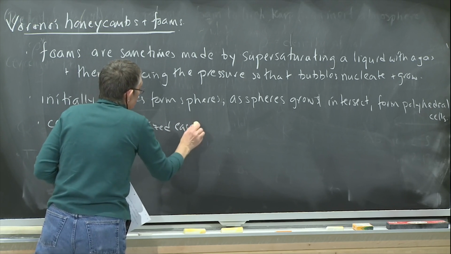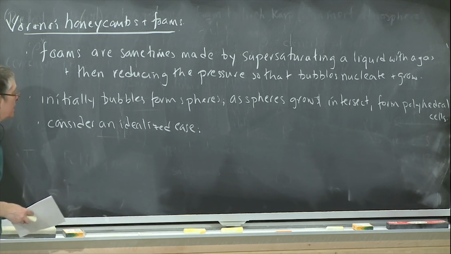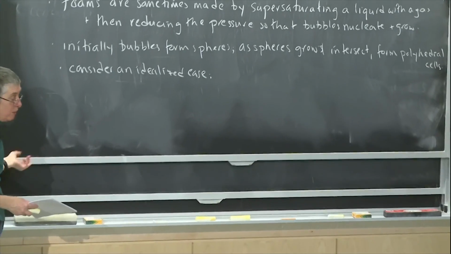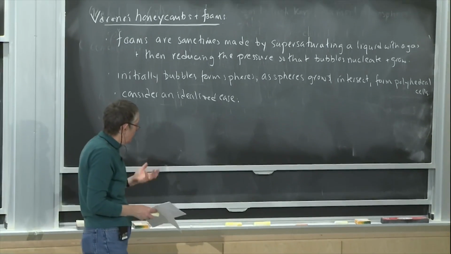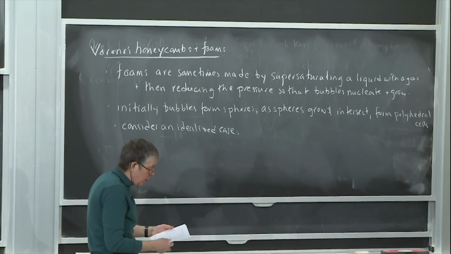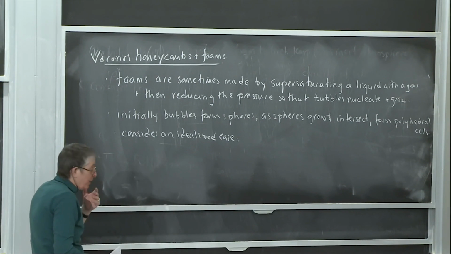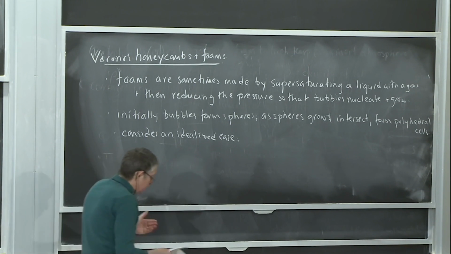You get the Voronoi structure by thinking about an idealized case in which you have nucleation points that are randomly distributed in space. They start to grow at the same time and they grow at the same linear rate.